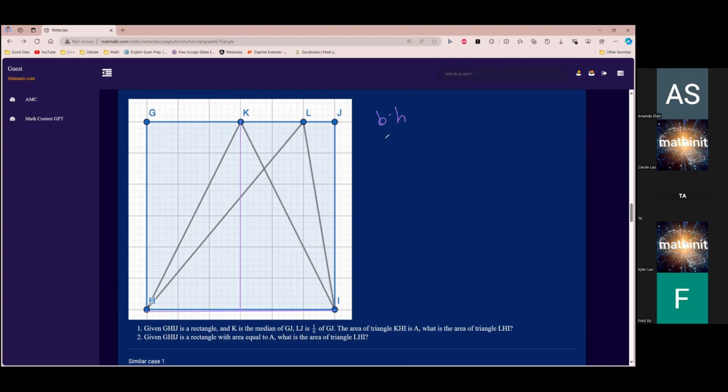But be careful that the area for a triangle is half of base times height. So if the area for the rectangle is equal to A, then the area for the triangle is going to be just half of A. Does everybody get that? Yeah. Okay.